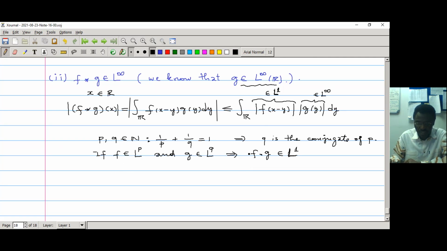So we have these two results with Hölder inequality.